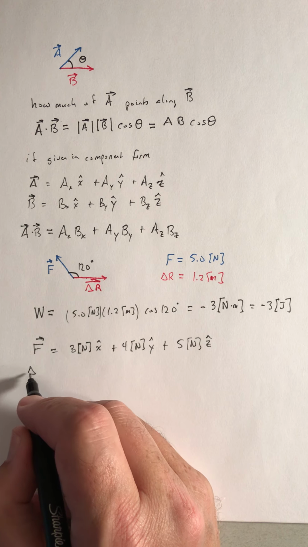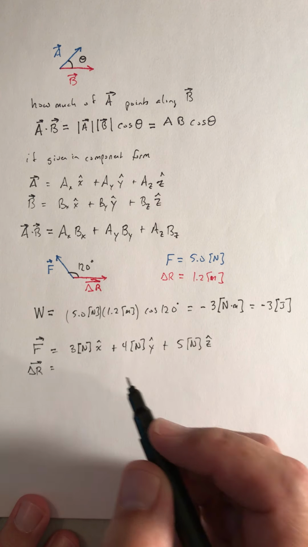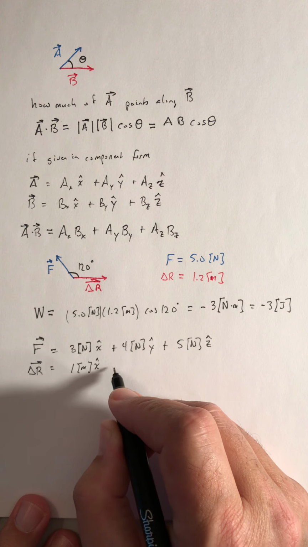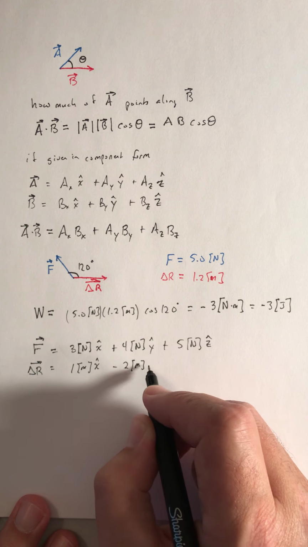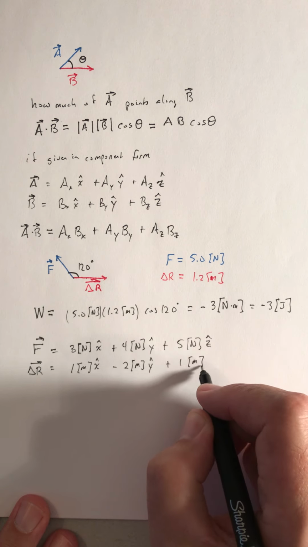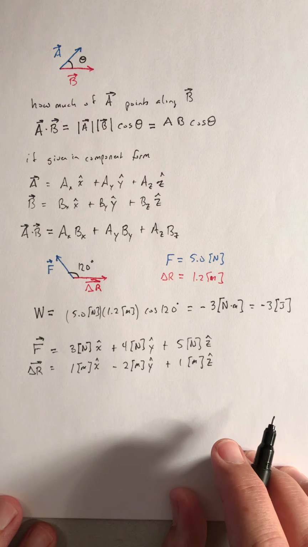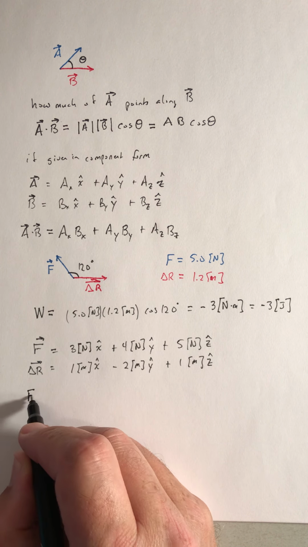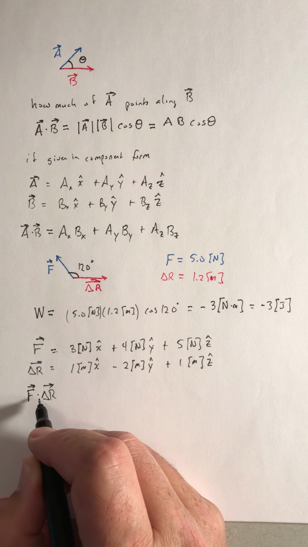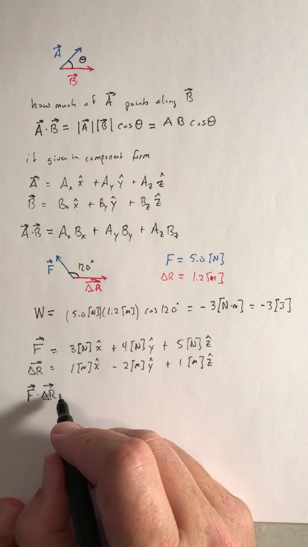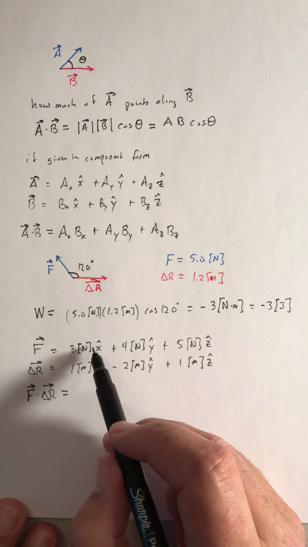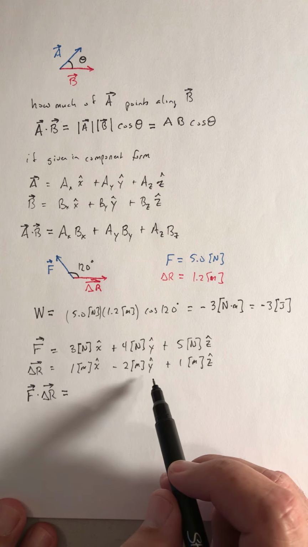And I have a displacement that is 1 meter along x minus 2 meters along y and 1 meter along z. Then the dot product of the force with the displacement, F dot delta R, I just go through, multiply the components and then add them in.